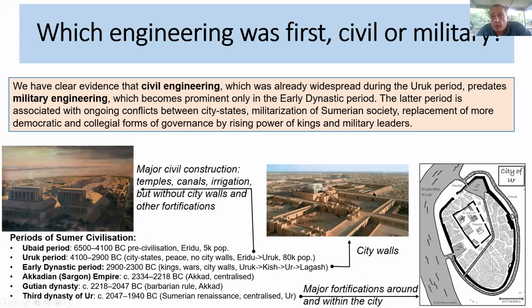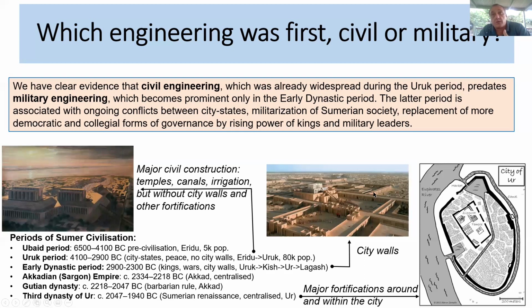Sumerian society was collegial and very peaceful, focusing on peaceful engineering projects. Sumerian society was divided into city-states, and later on conflicts broke out between the states, and warfare became more and more common.